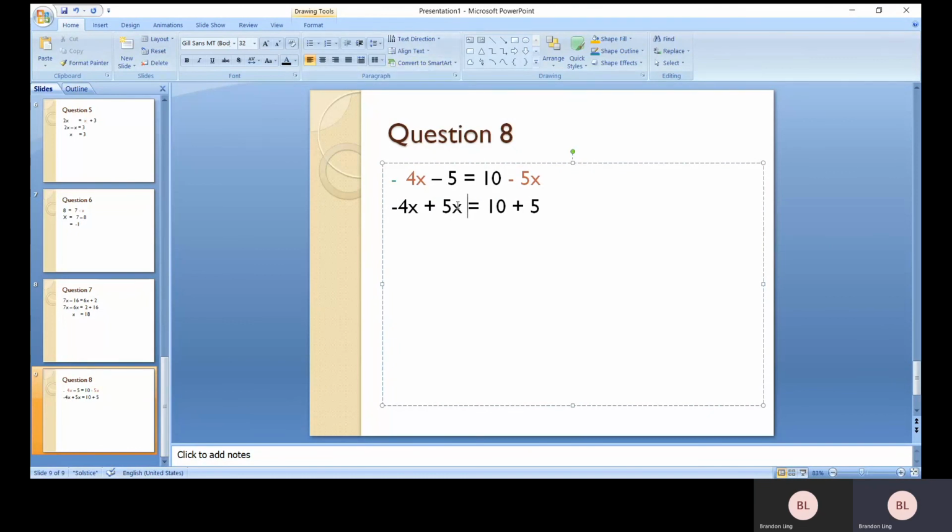Why is it plus 5? The reason is that you are moving negative 5 to your right side, so it becomes positive 5. So your next line will be x equals 15. That's your final answer.